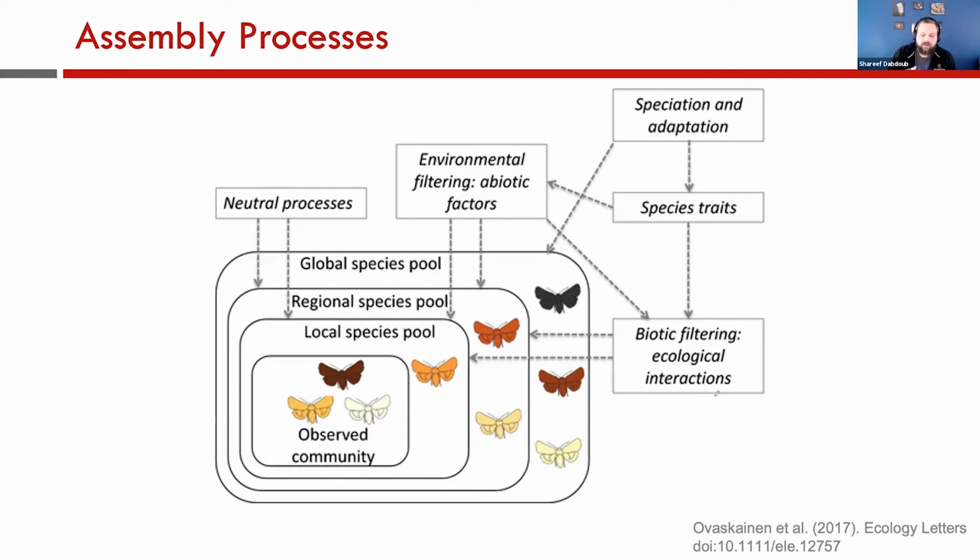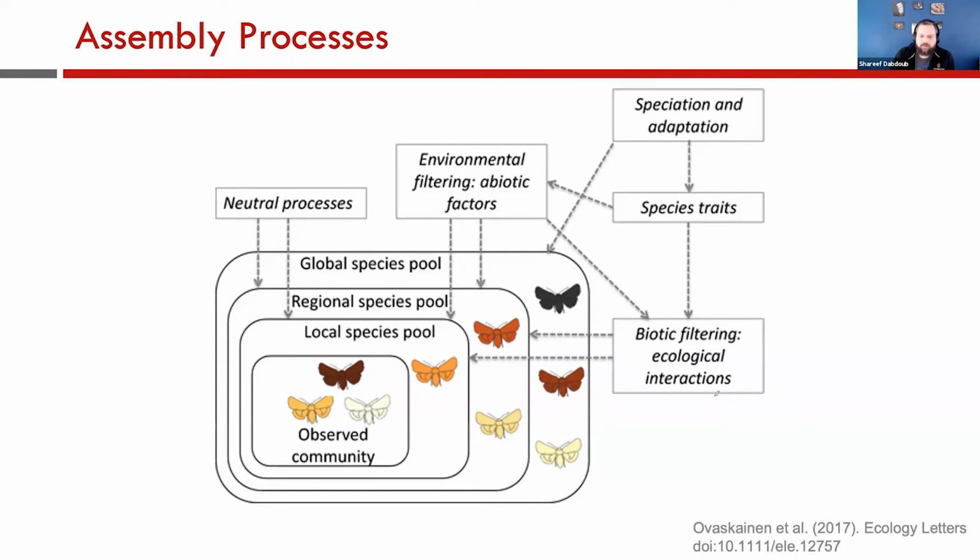So where is community assembly and adaptation playing into that? How do species traits interact with environmental insults to change species or community composition?